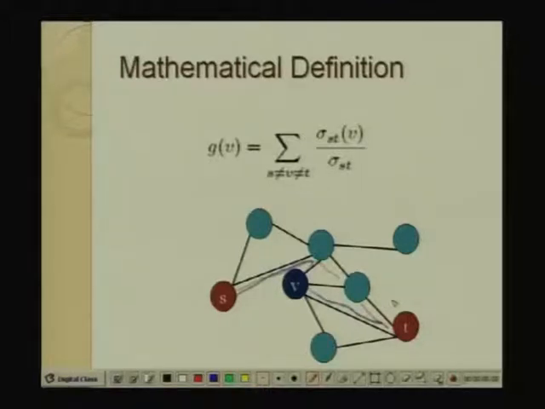If you remove V from the network, the shortest path between S and T does not change, because it will still be 3. The shortest path does not change because there is another shortest path that I have drawn in red. However, if you keep on removing nodes, eventually the shortest path will start increasing.